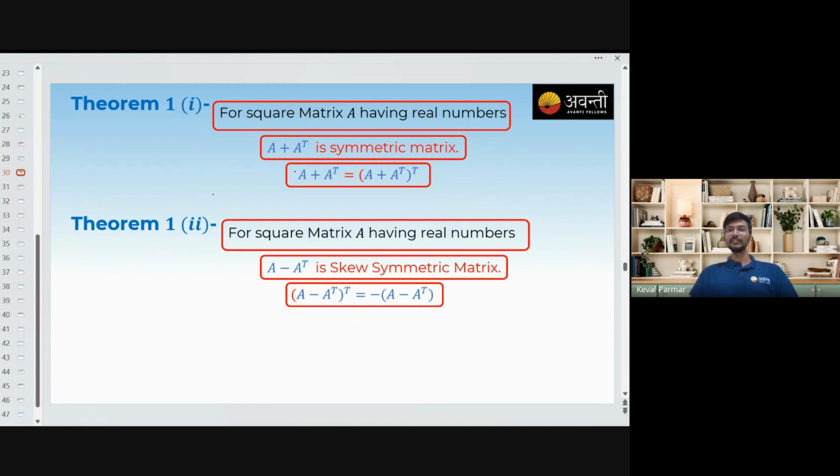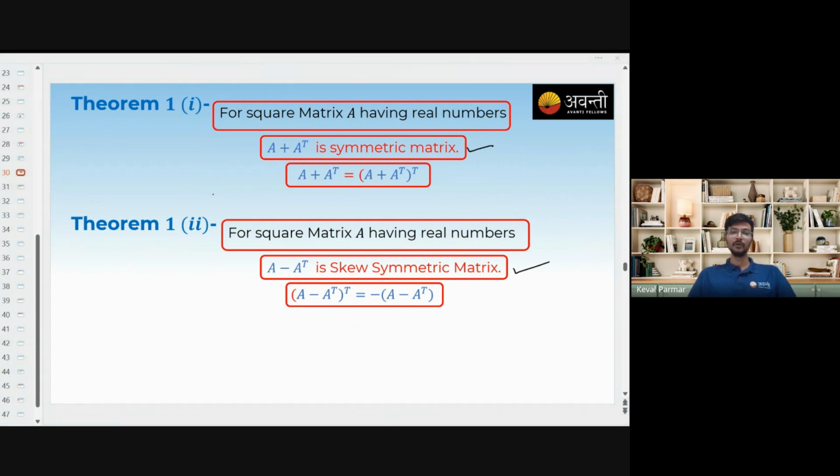Next, one of the things you notice is that A plus A transpose will always be a symmetric matrix. And A minus A transpose will always be a skew symmetric matrix.